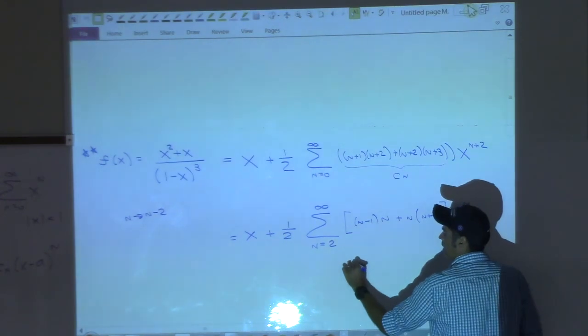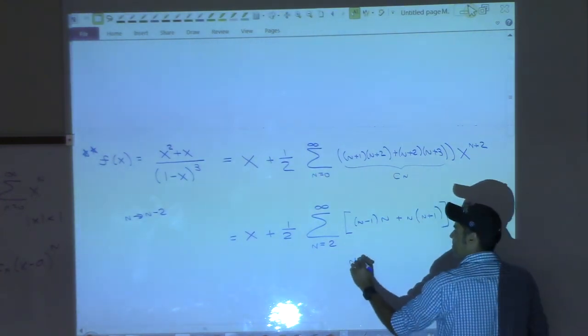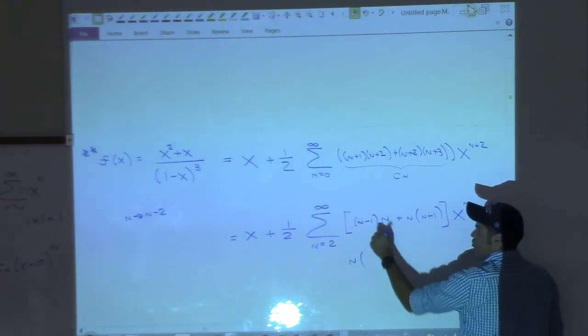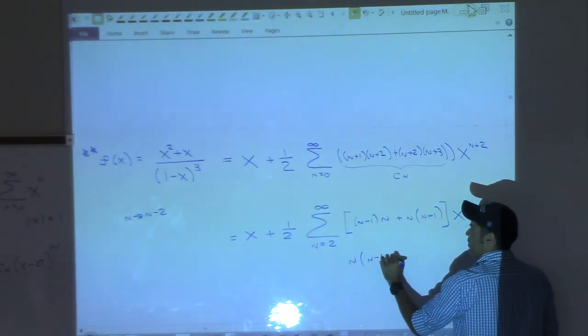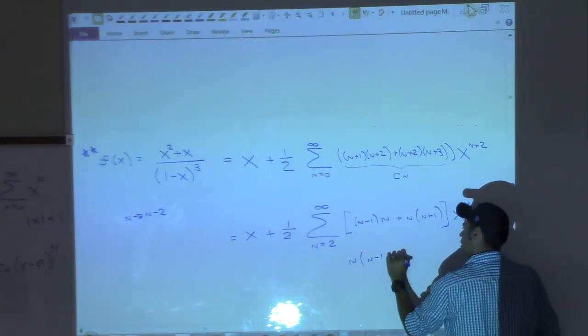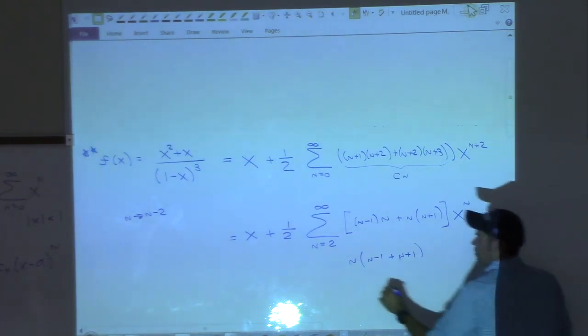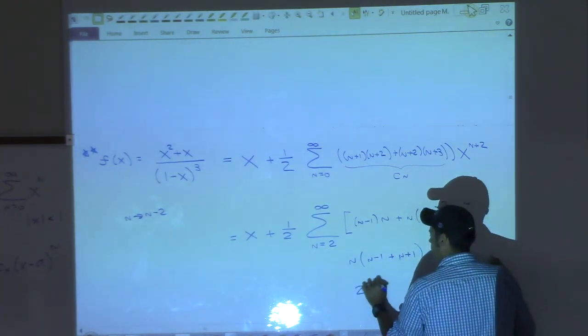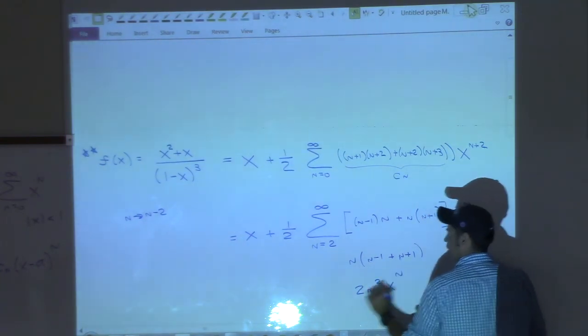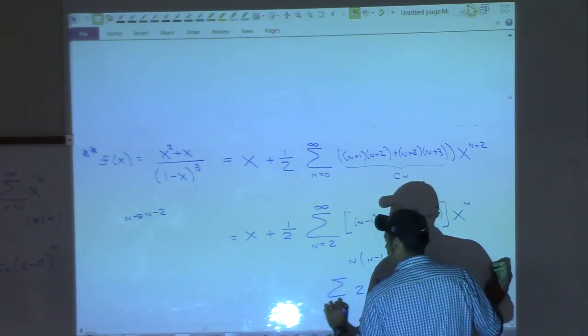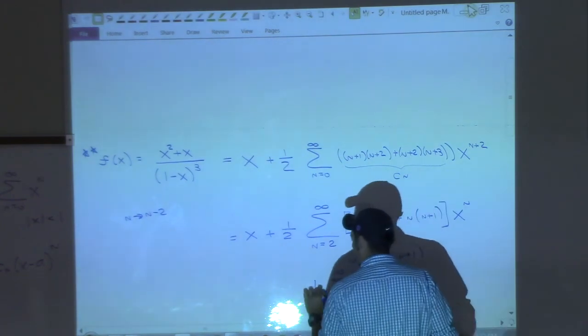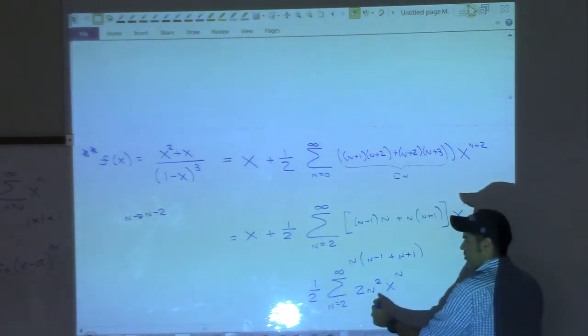If you pull an n out of both of these, you'll have n minus 1 plus n plus 1, like that. And that turns out to be just 2n. So you wind up with 2n squared x to the n, sum n equals 2 to infinity. 1/2 out front. Oh, that 1/2 and 2 cancel.